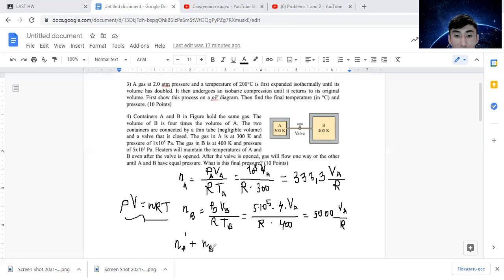And also it is equal to the initial number of moles in A and B. It means, let's add these numbers. Here will be 5,333.3 VA over R.